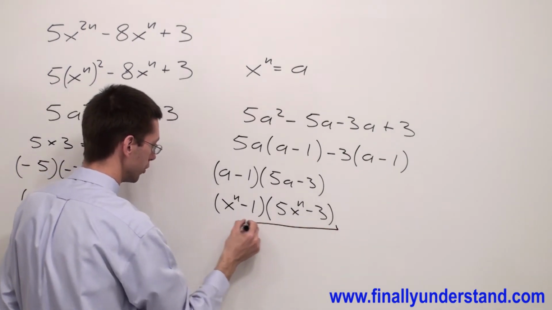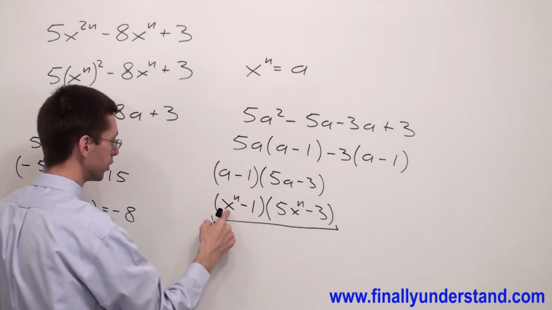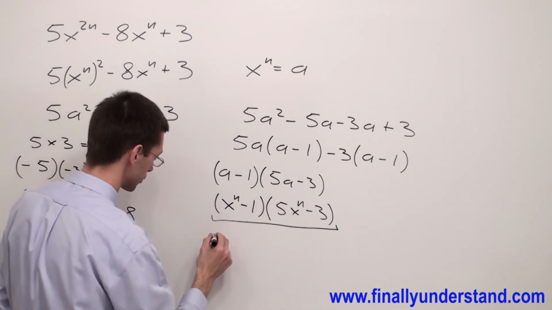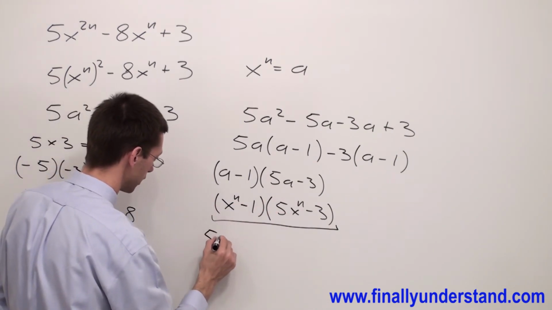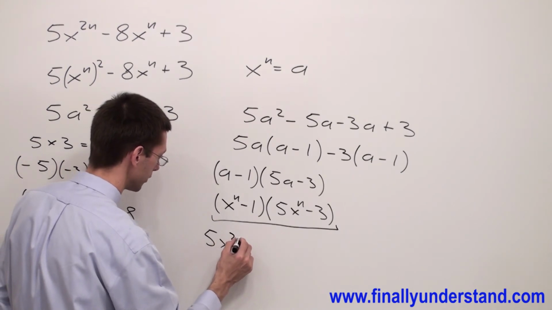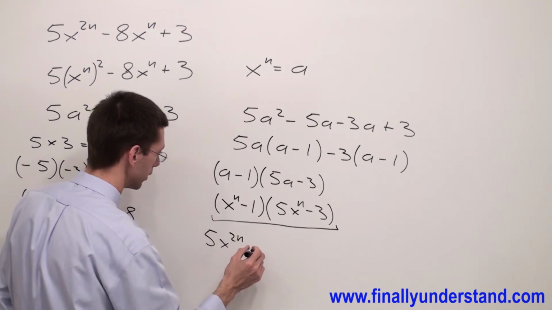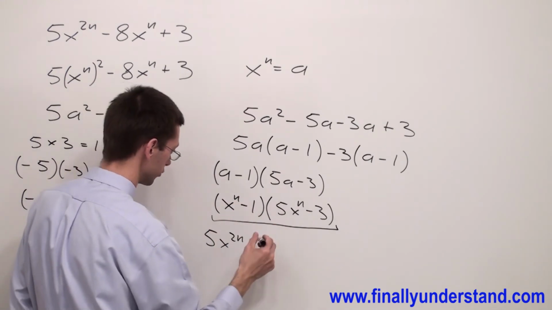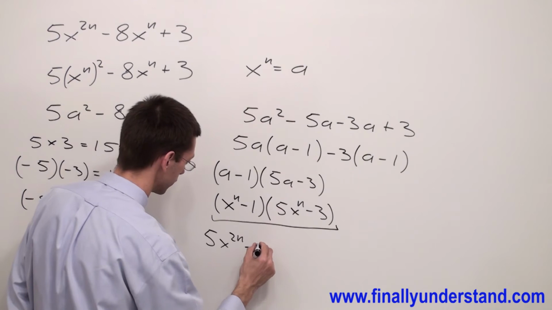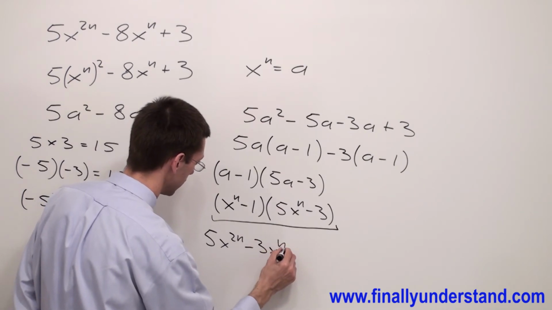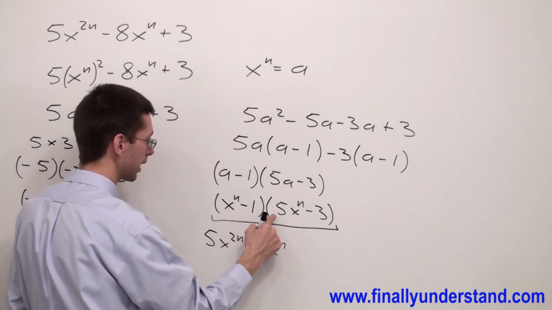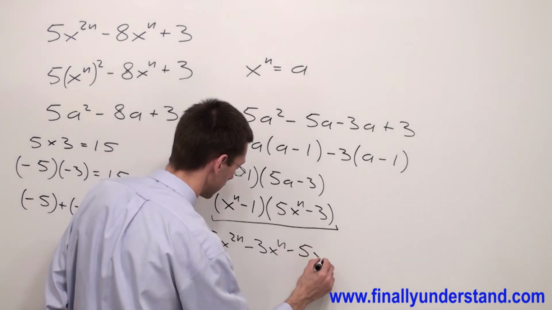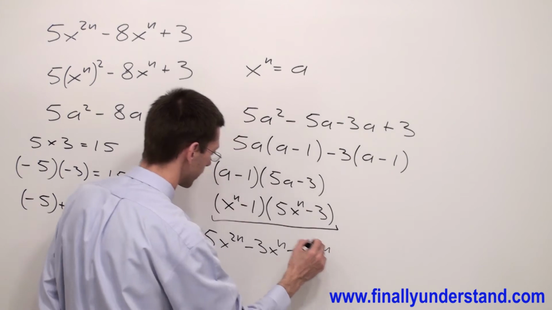If you want to verify your answer, simply multiply x to the n minus 1 times 5x to the n minus 3. That's why I'm going to have 5x to the 2n. x to the n power times negative 3 gives me negative 3x^n. Negative 1 times 5x to the n is minus 5x to the n.